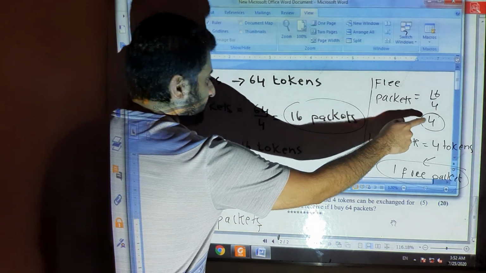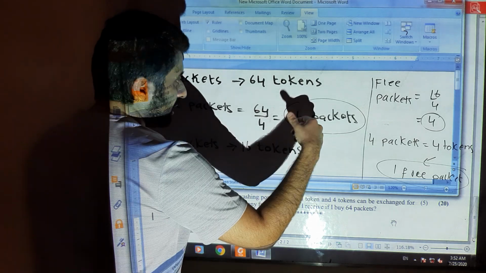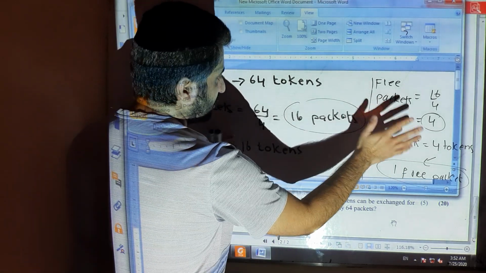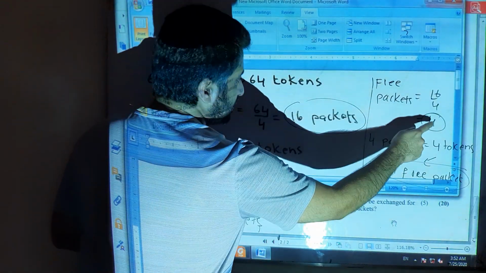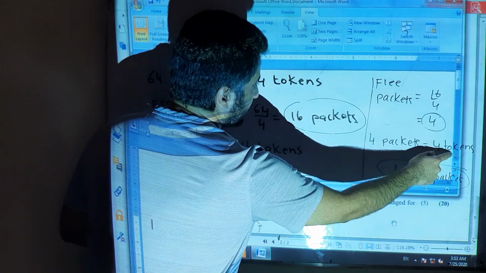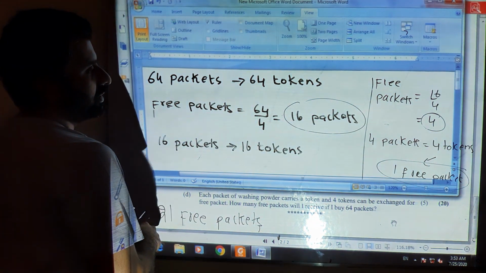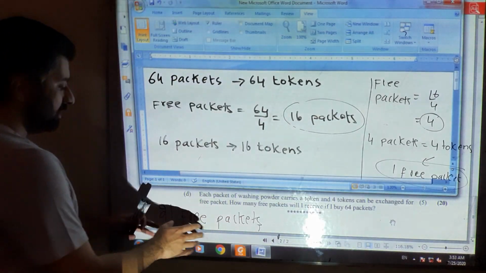You will get 4 packets against these 16 tokens. Now these 4 packets again give you 4 tokens, and for 4 tokens you get 1 free packet again. So total free packets are 16 plus 4 plus 1, which is 21.